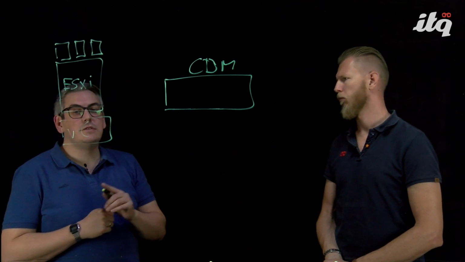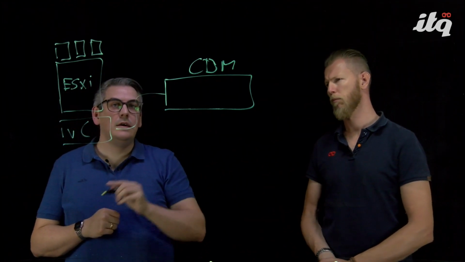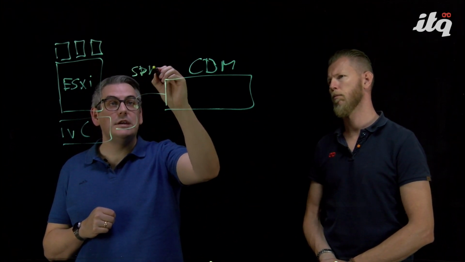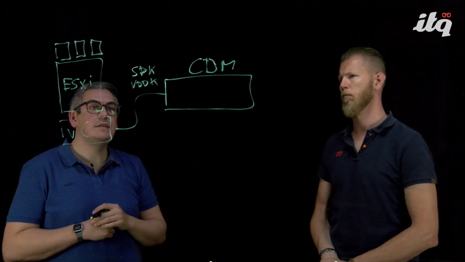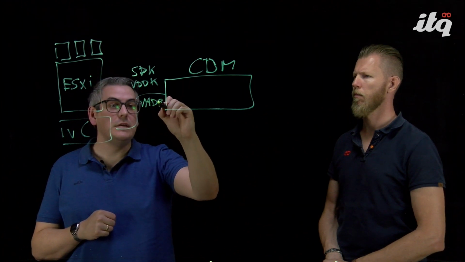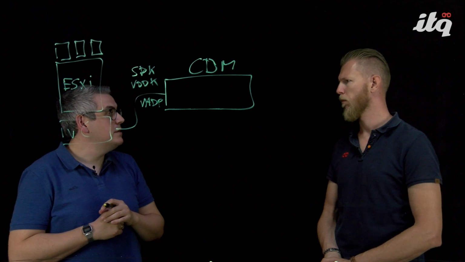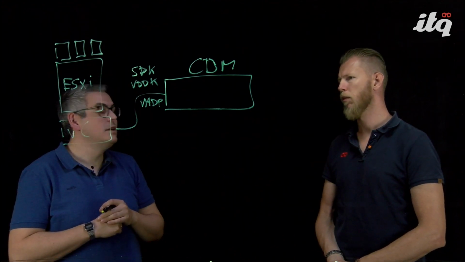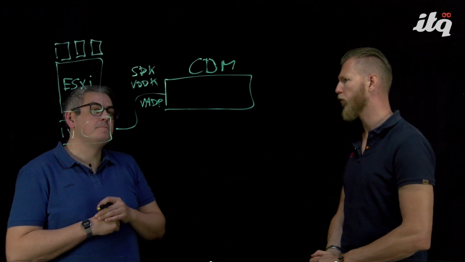So in the case of VMware, what we do is we talk to the vCenter server. In this case, we use VMware's SDK based on the virtual disk development kit, and then we integrate natively using VADP, VMware's API for data protection, to actually snap a virtual machine based on standard VMware snapshot technology. Right. So this allows you to, for instance, use change block tracking, right? Absolutely.